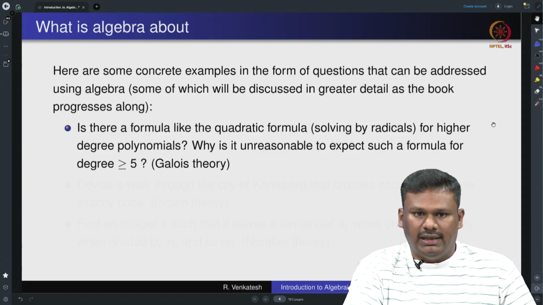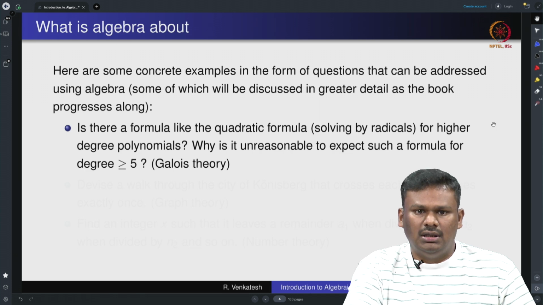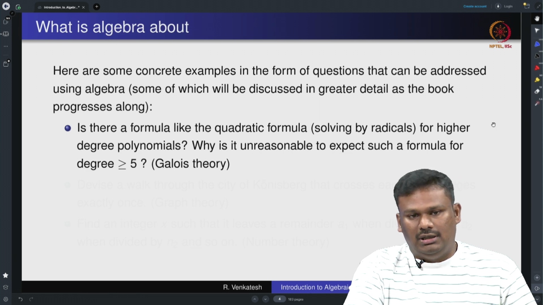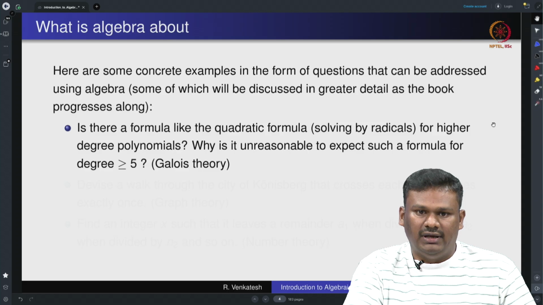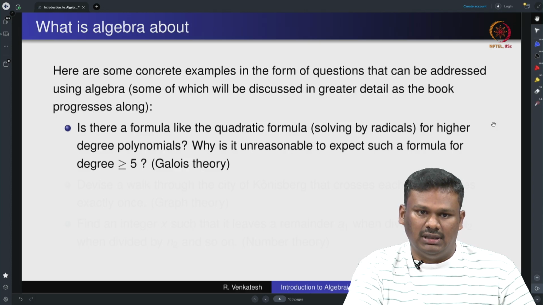But beyond that, it is indeed the main theorem of Galois theory that says that polynomials of degree greater than or equal to 5 cannot be solved by radicals. So, those kinds of questions one can ask using algebra by unifying what is going on behind all those algebraic objects.